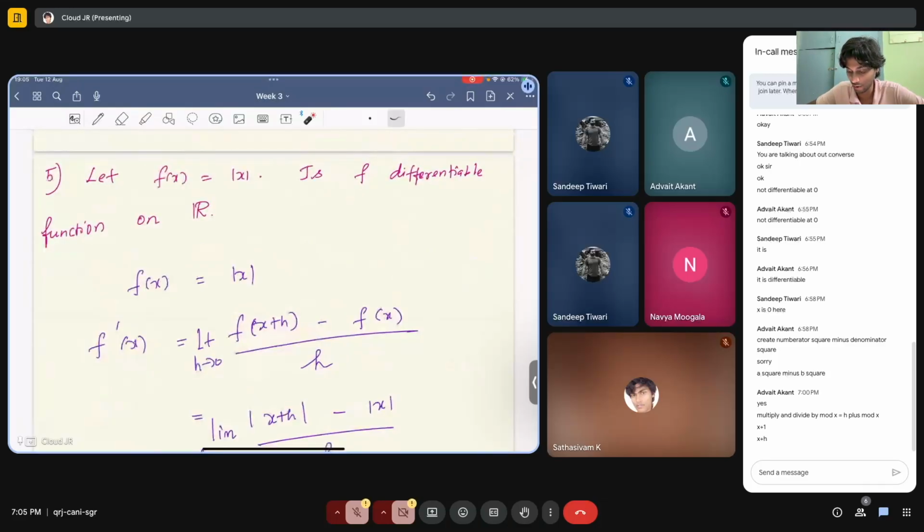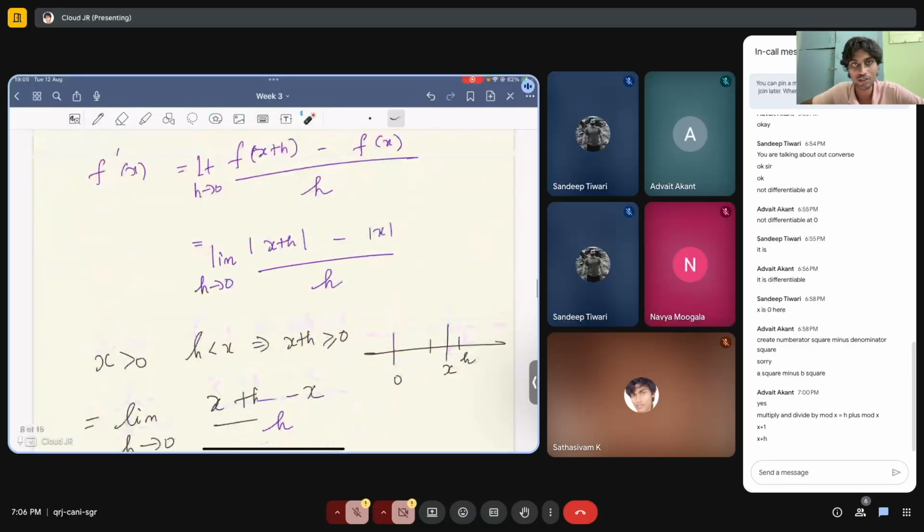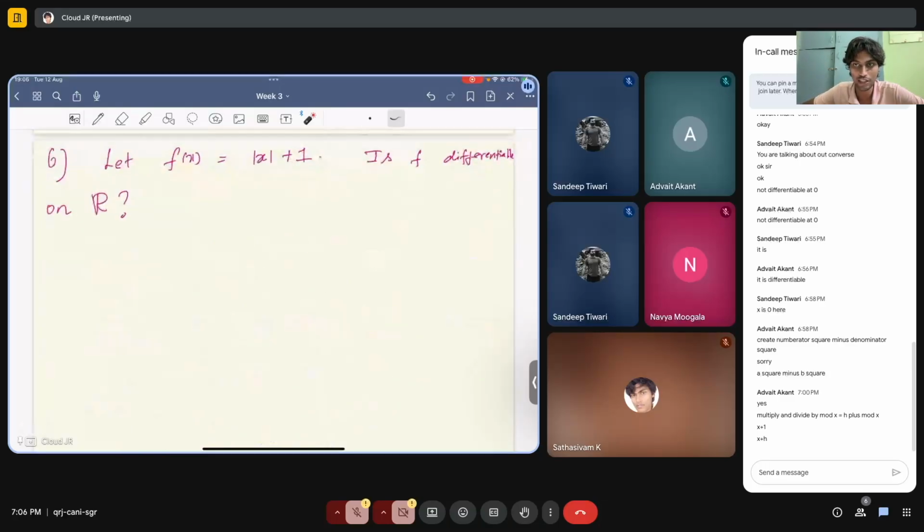Can you give me a clever way to do this? We can assume that mod x is not differentiable. See, mod x is not differentiable at 0. We have just proved it, and you can assume this if you want. I'm trying to see if there's a clever way of solving it without doing the things again.